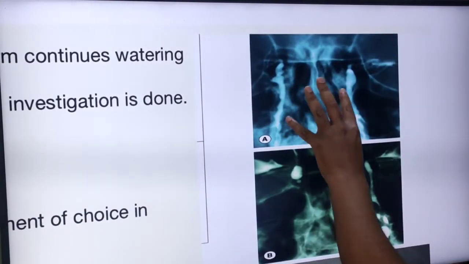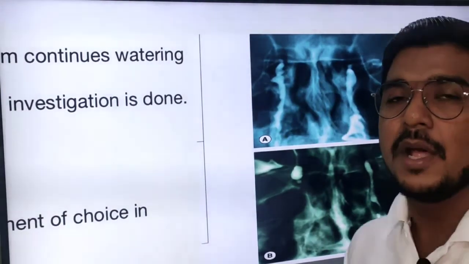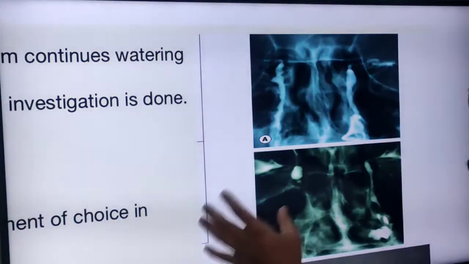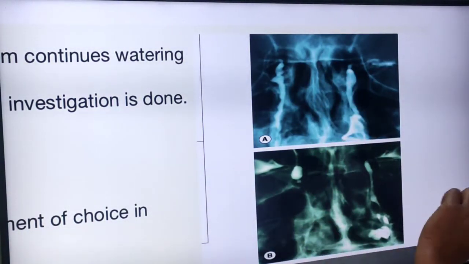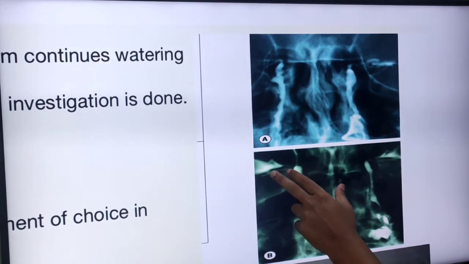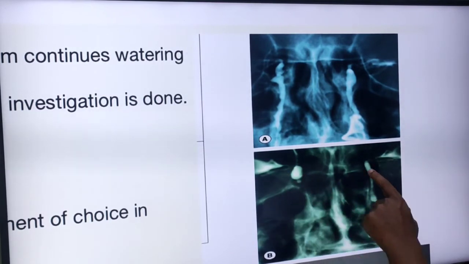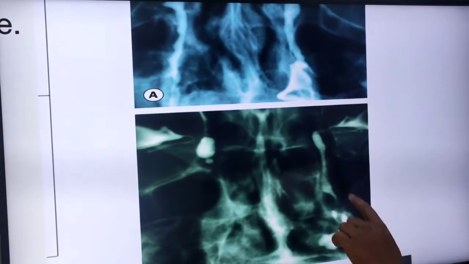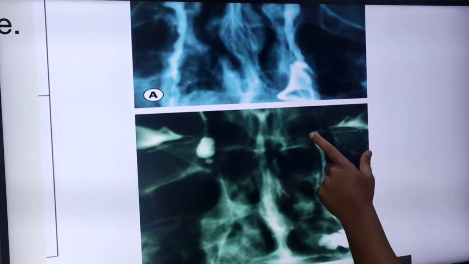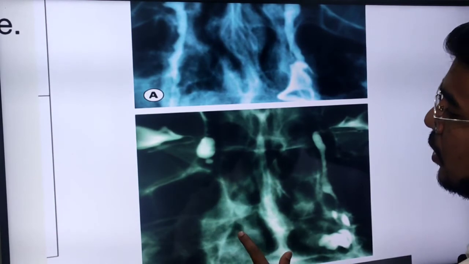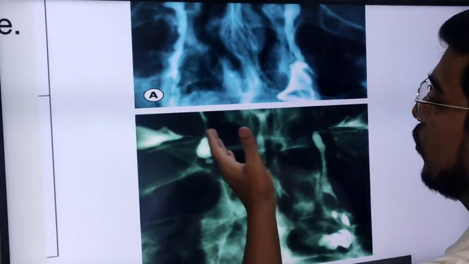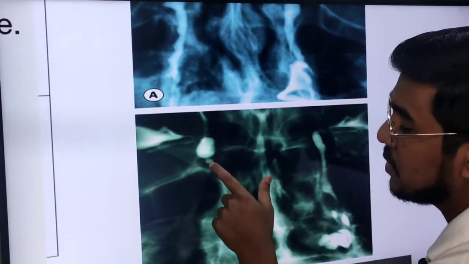First, there is a normal X-ray that has been taken. Now, what is this? This is a CT scan where, after putting the dye, you can see on the left side very well that the dye can be visualized very easily, but here the dye has stopped. No further infiltration by the dye.